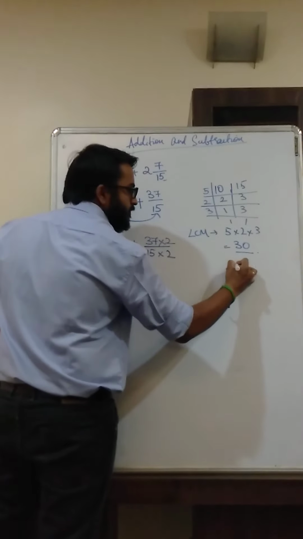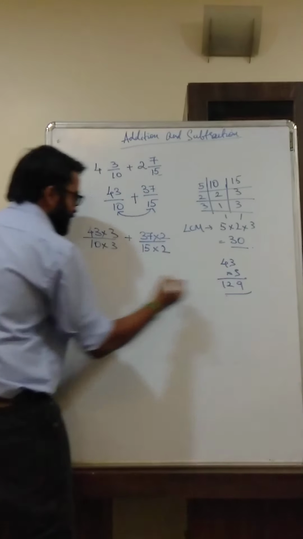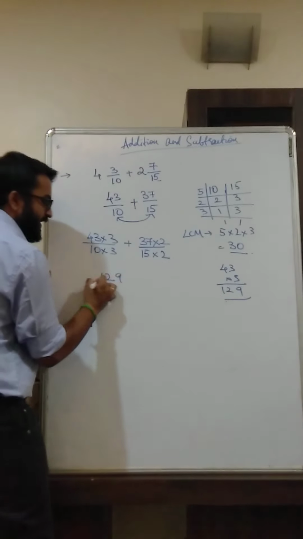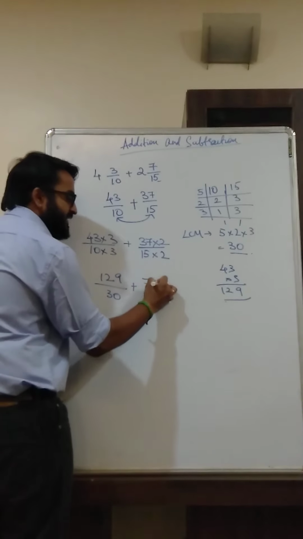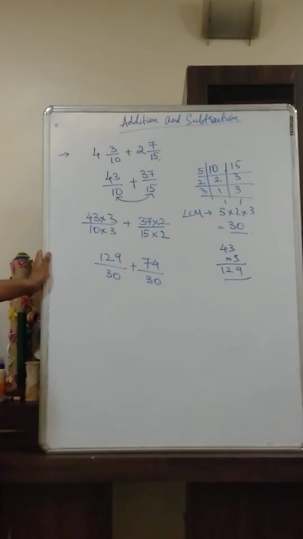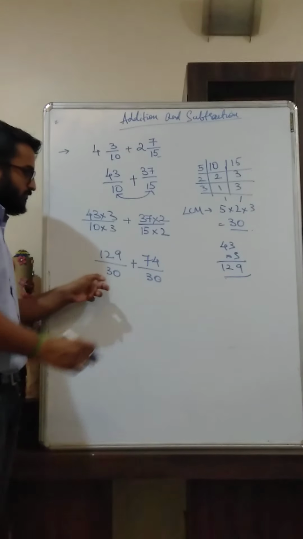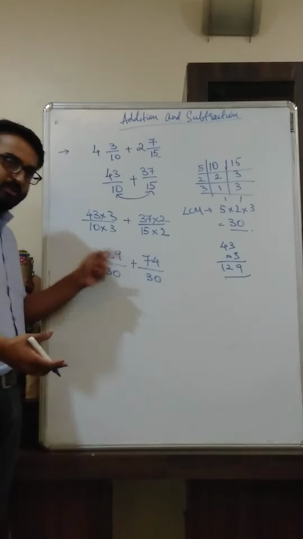So 129 by 30 plus 74 by 30. Okay, so now the denominators are same. What you have to do, you have to add numerators.